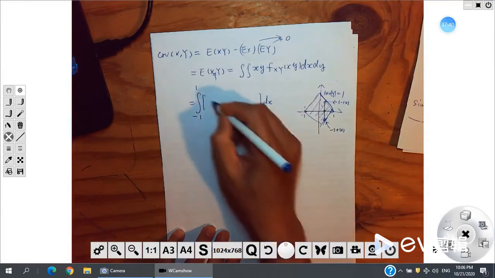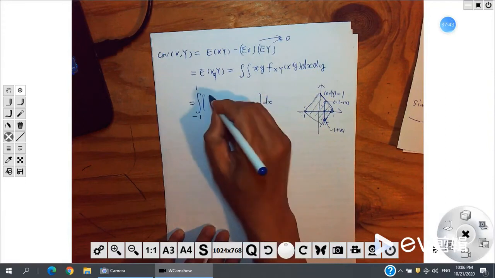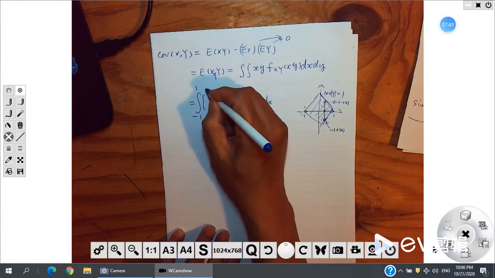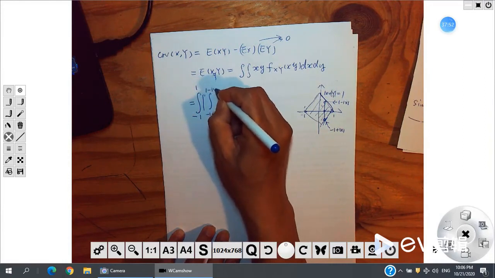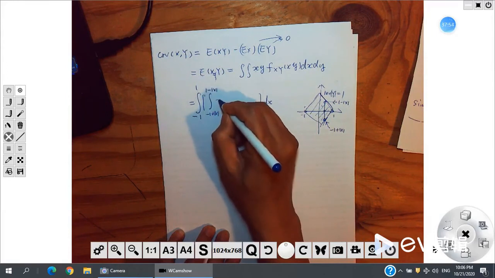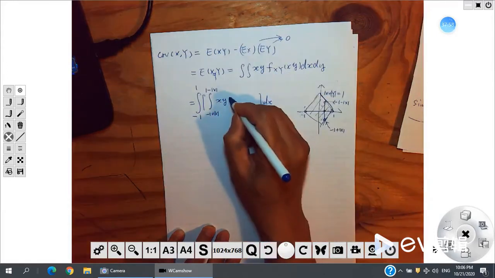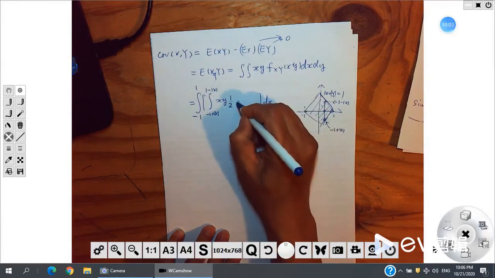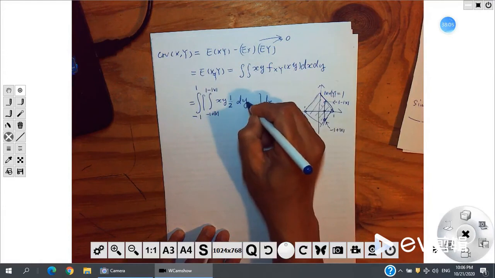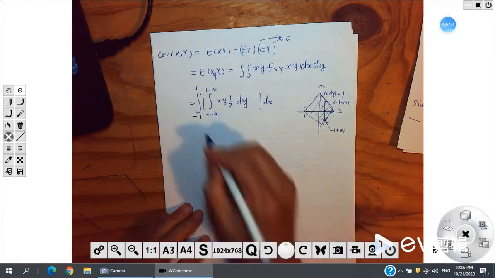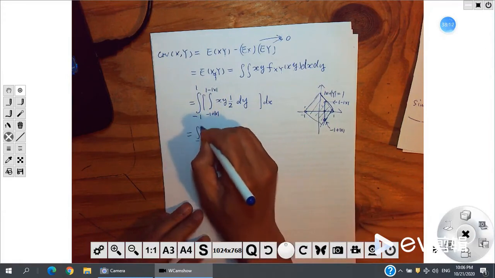And for every x, the y will run from negative 1 plus absolute value of x to 1 minus absolute value of x, and the inside is x times y. This density, now we know it is k, and that k is 1/2, right? And then dy dx. Okay, I copy it.